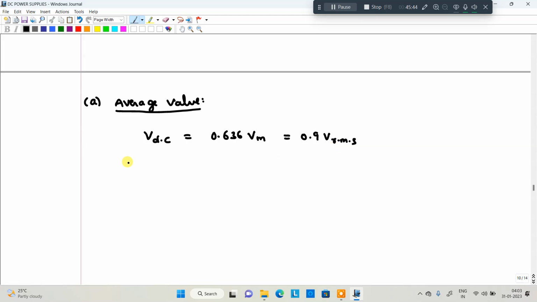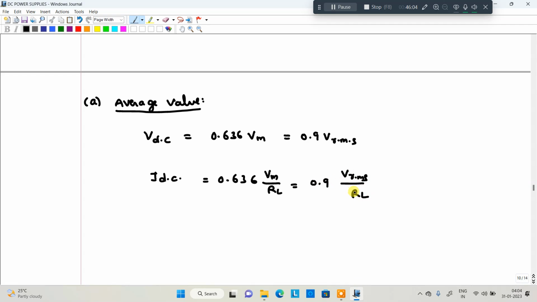Next, the second case, IDC, the average value. IDC is equal to 0.636 IM. IM is nothing but VM by RL. That can also be written as 0.9 VRMS divided by RL.